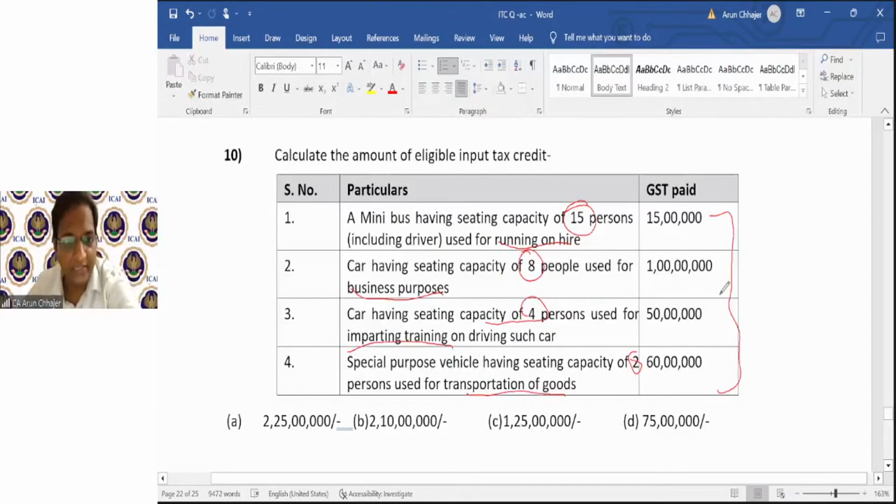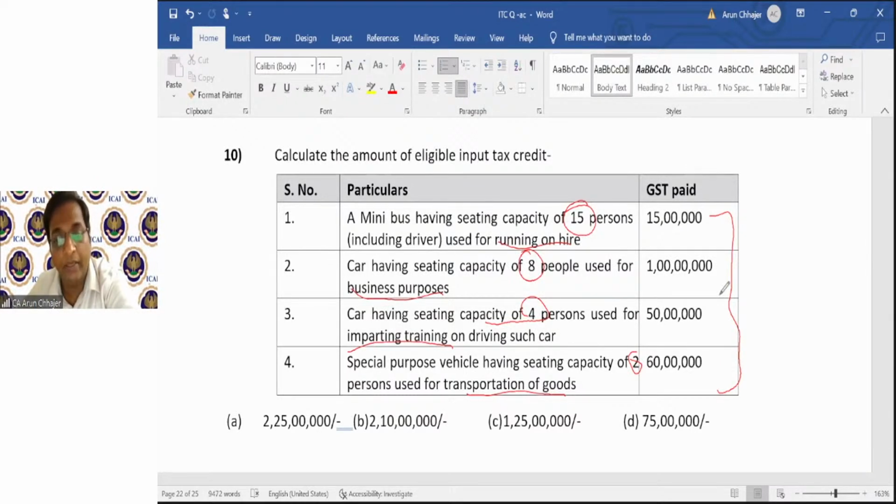Please give me the correct answer, whether it is A, B, C or D. Minibus having the sitting capacity of 15 used for running on hire, ITC allowed or not. Car having the sitting capacity of 8 people, ITC allowed or not. It's a business purpose.